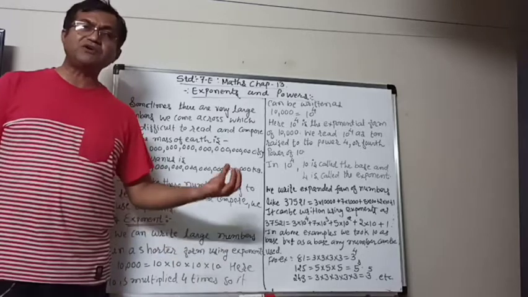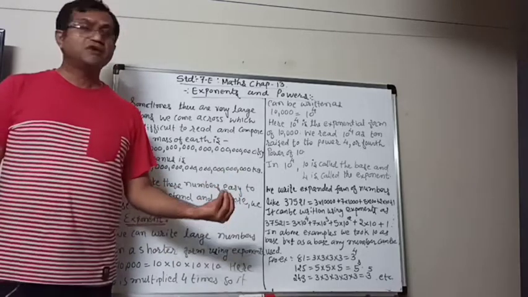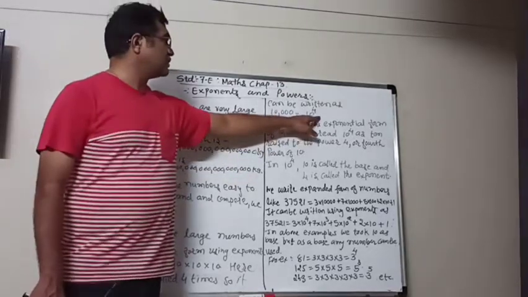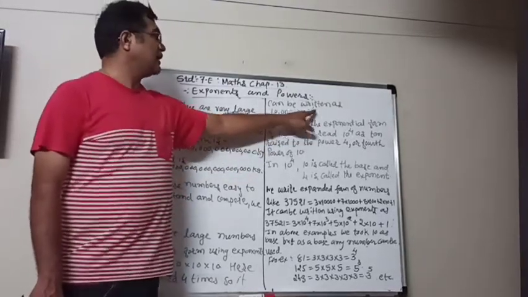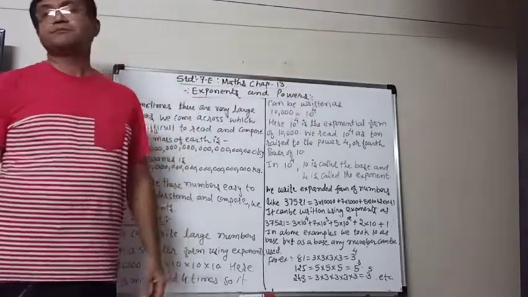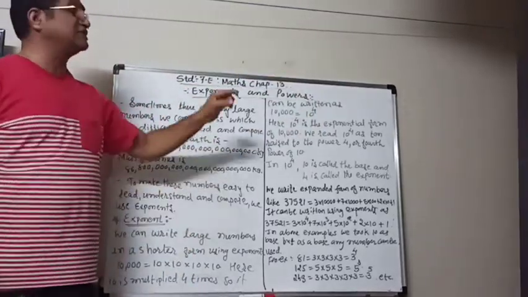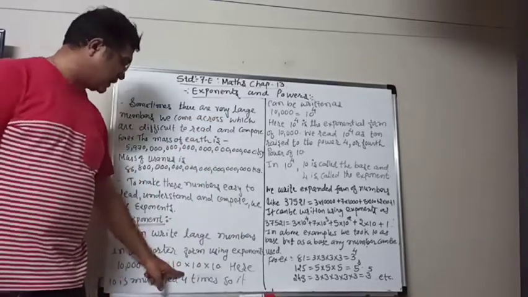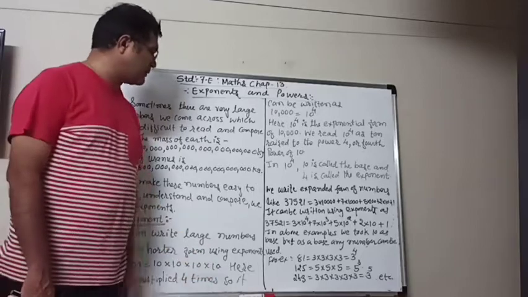So rather than writing 10,000, we can write 10 and then on the top right side we write how many times it is written. So here 10 is written 4 times.